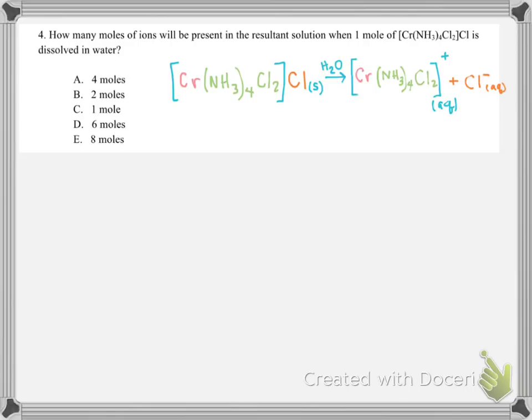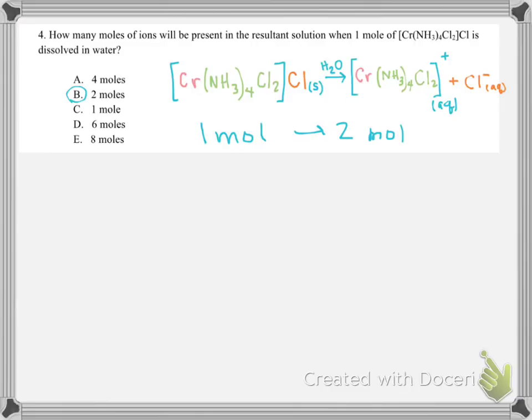Okay, so we're going to keep everything inside the brackets together, and then we'll have just whatever is outside of the brackets dissociating away. Okay, so if we just have 1 mole of reactant, we'll make 2 moles of products. Okay, so we'll have just 2 moles of ions.